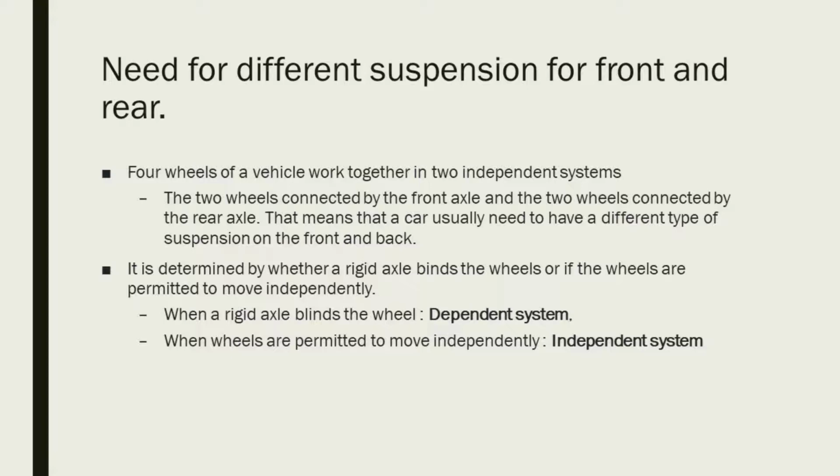So it is determined by whether a rigid axle binds the wheels or if the wheels are permitted to move independently. If the wheels are permitted to move independently, then it is called the independent system, and if the rigid axle binds the wheels, then it will be called a dependent system.